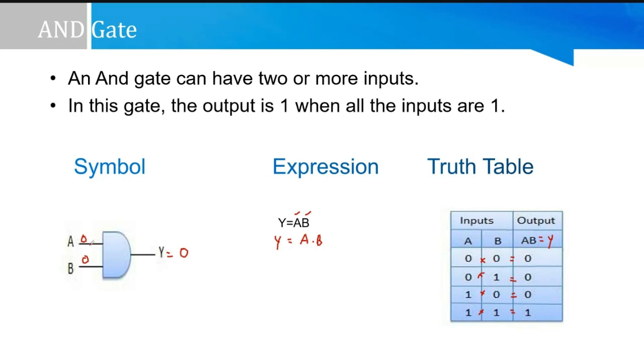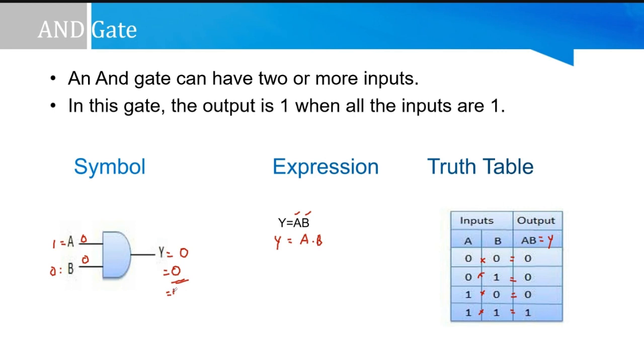Suppose A input is 1 and B is 0, it is giving the output as 0. 0 is also an output, whether the inputs are 0 or 1.